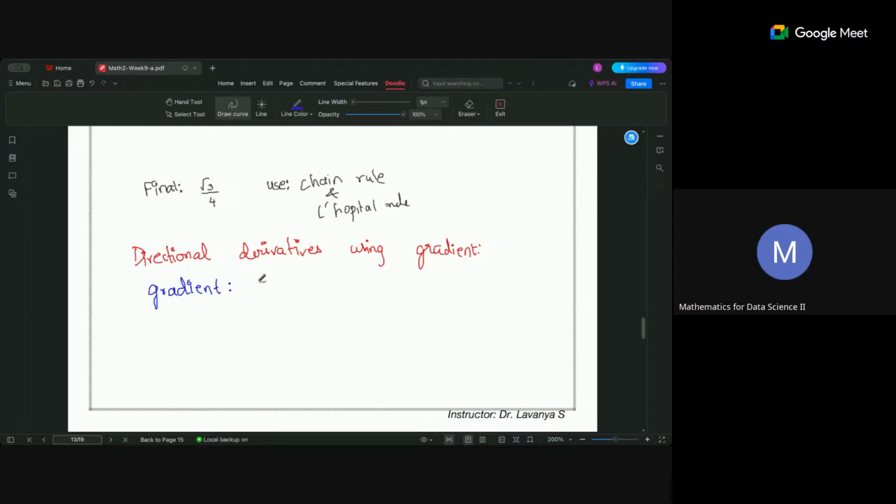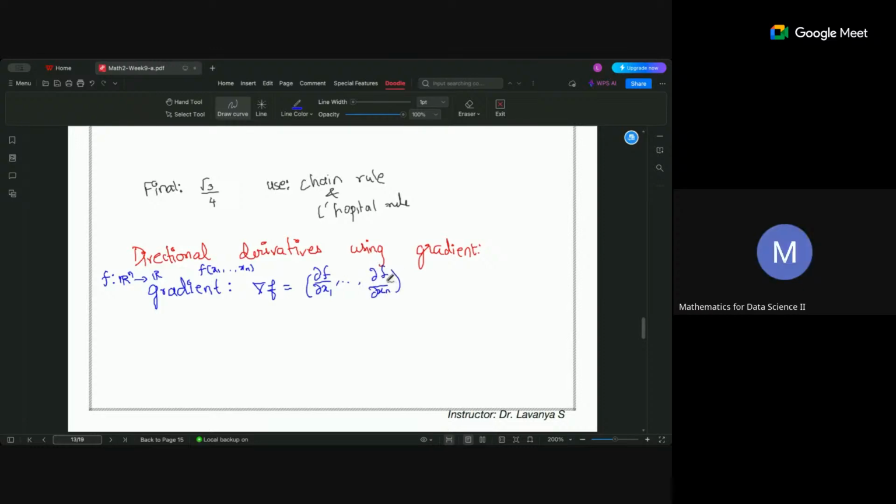The gradient is a function. Suppose you have a function f from R^n to R, f of x1, x2, up to xn. The gradient function, with notation del f, is simply the partial derivatives ∂f/∂x1 up to ∂f/∂xn.